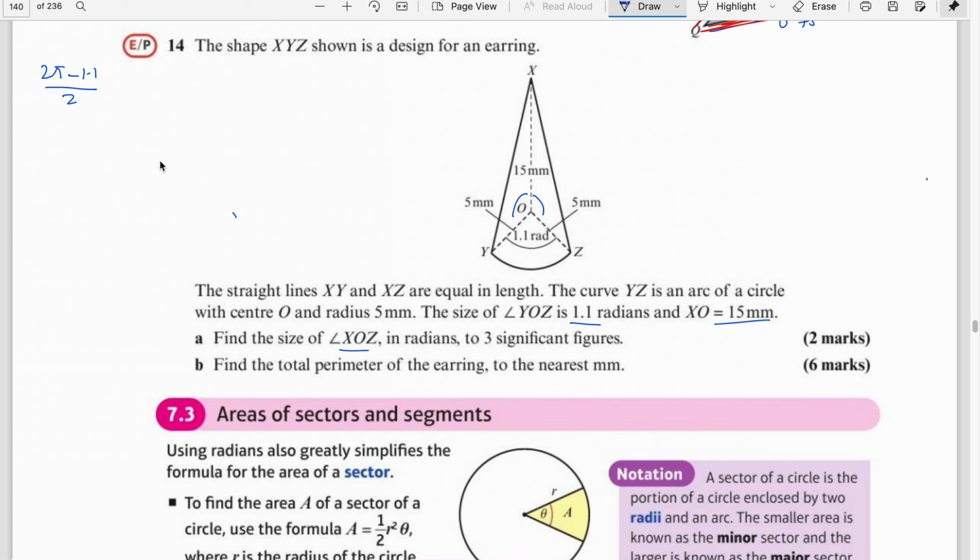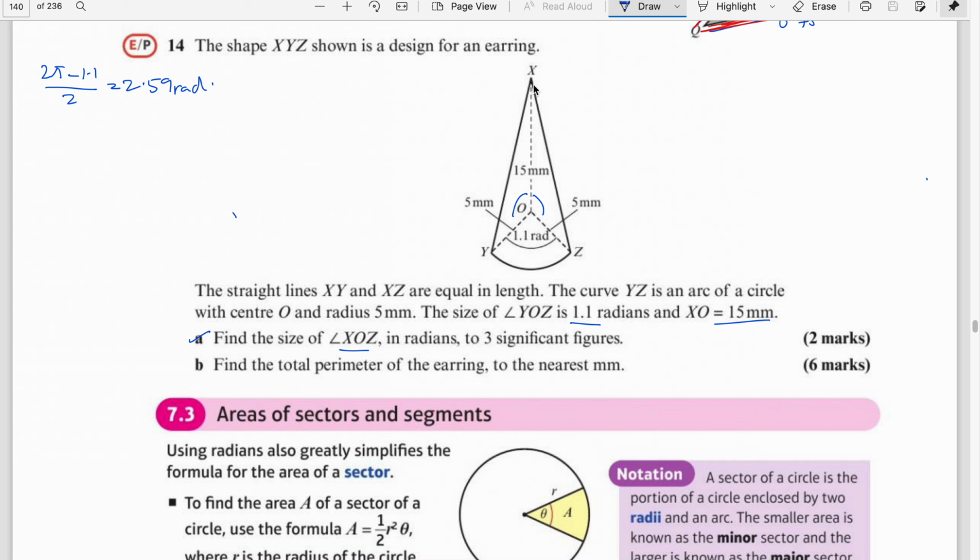So (2 pi minus 1.1) by 2 is 2.59 radians.